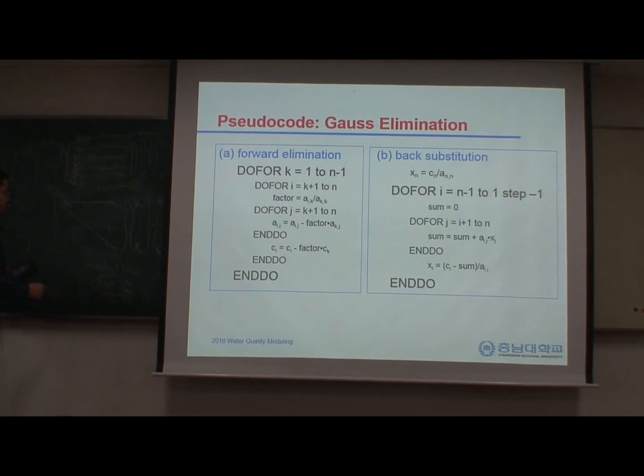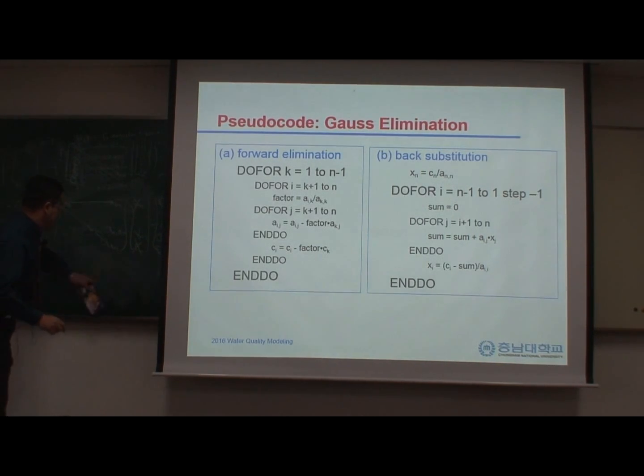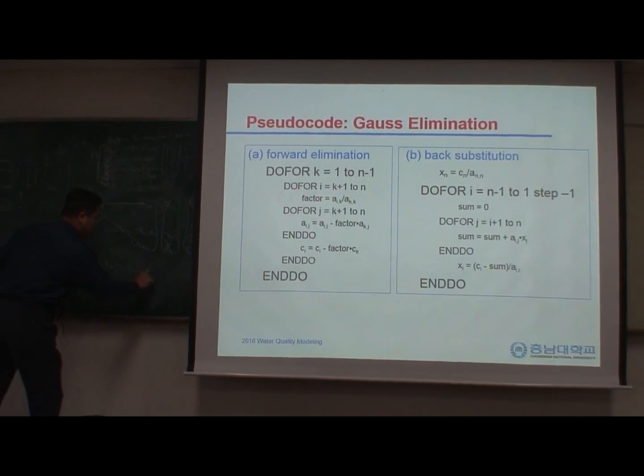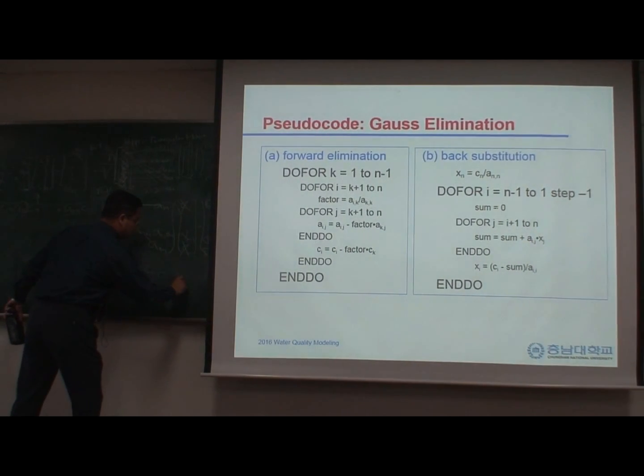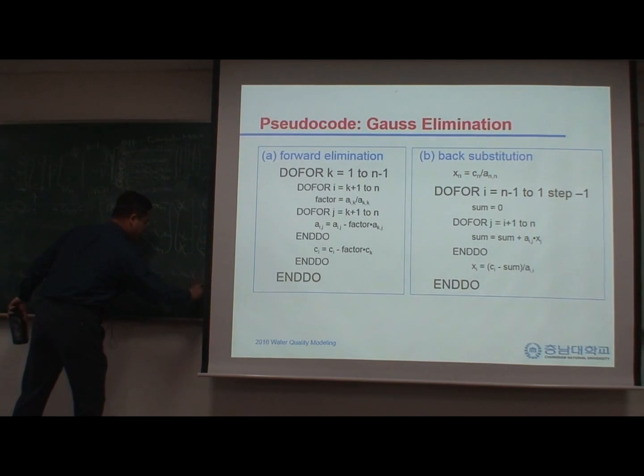And then for the next value, if you have Cn minus 1, what you have to do is x(n-1), and then let me just do this. A(n-1,n-1) x(n-1) plus A(n-1,n) xn, right?